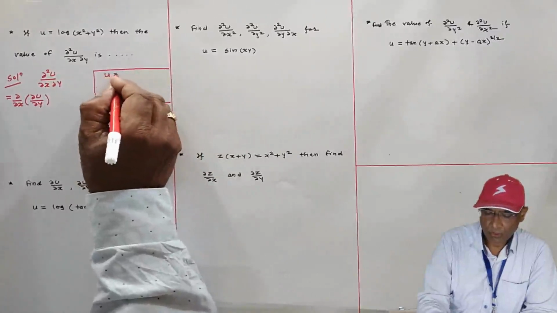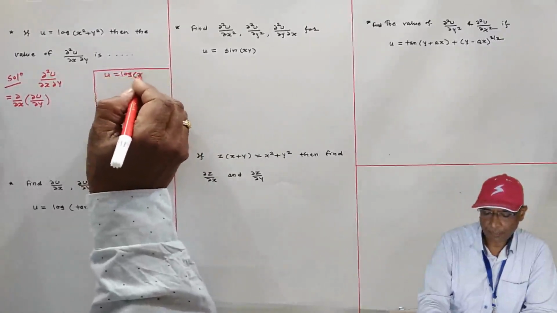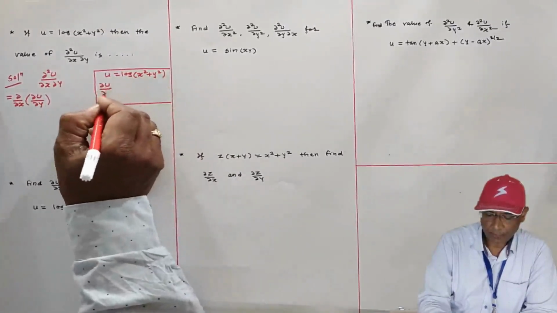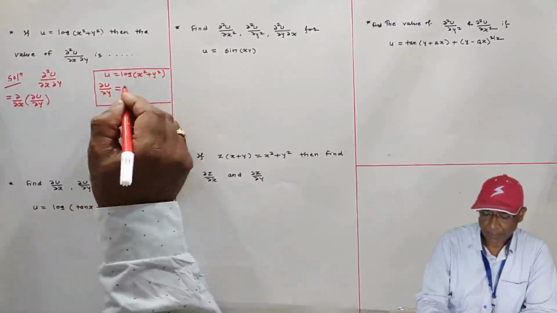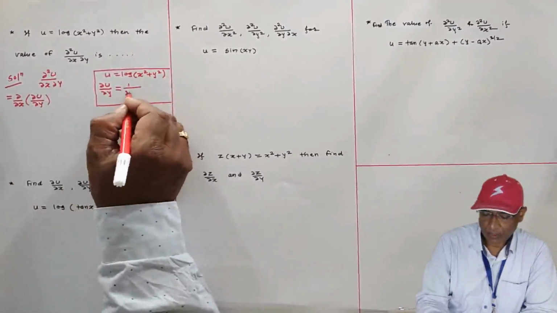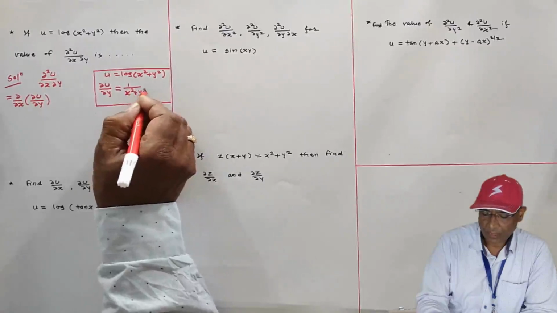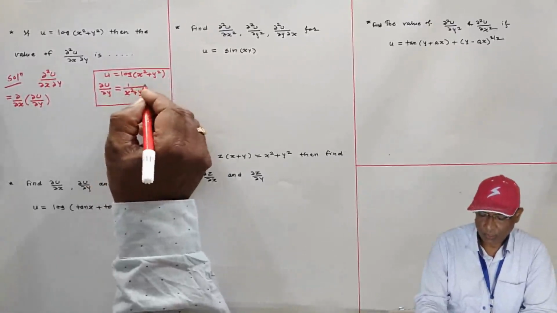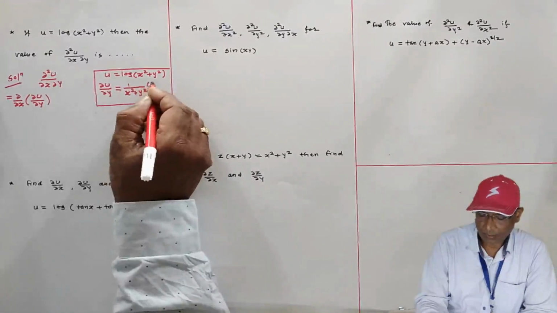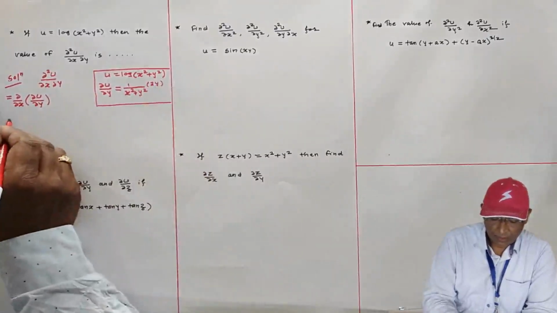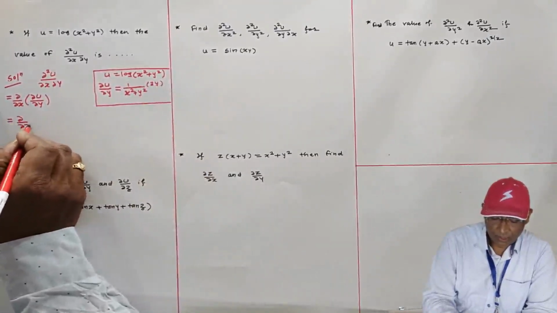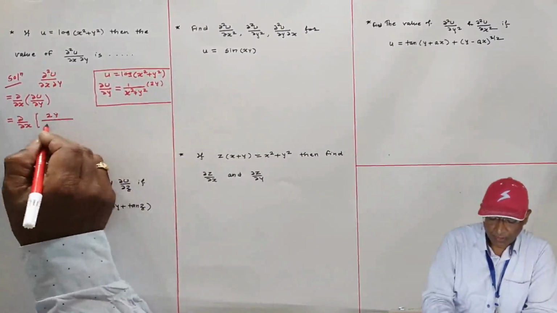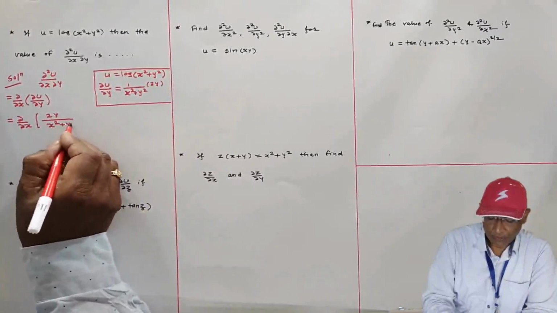As u is log of x square plus y square, take the derivative of u with respect to y. The derivative of log is 1 by argument, and the derivative of the argument x square plus y square with respect to y is 2y. Here, del u by del y separately I found as 2y by x square plus y square. Is it?